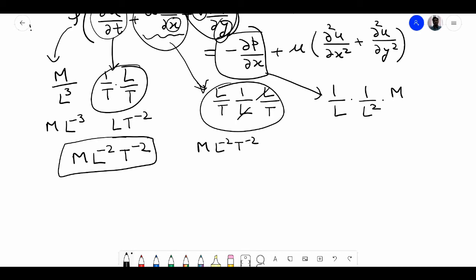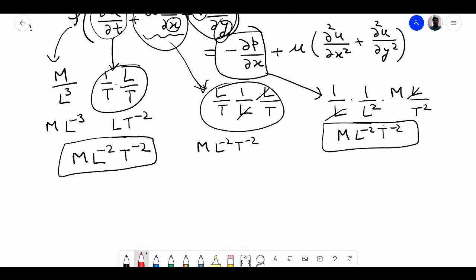Mass has dimension m. Mass times acceleration. Acceleration, meter per second square is one of the units, which has dimensions L by t square. Alright, 1 L cancels out. You get m L minus 2 t minus 2, which is same as what we got on the left hand side. This one and this one and this one all are same.